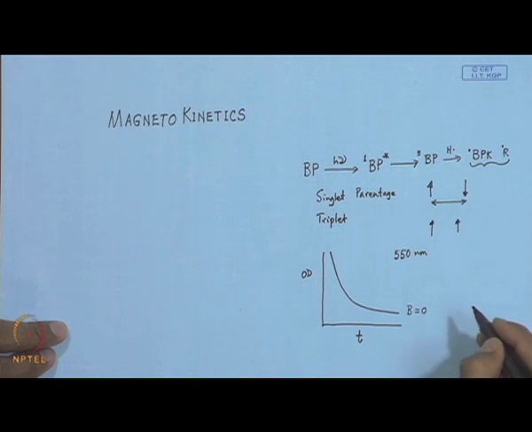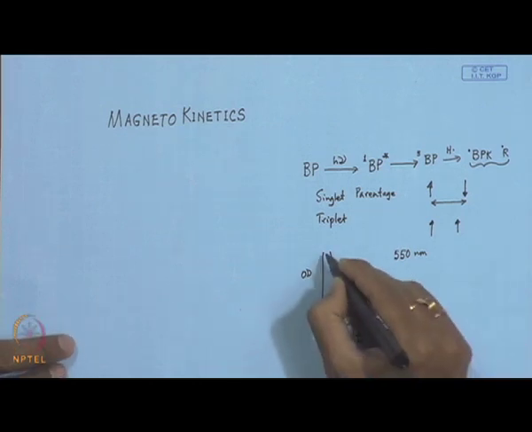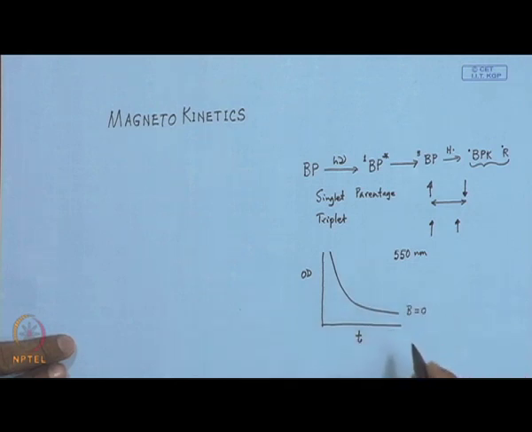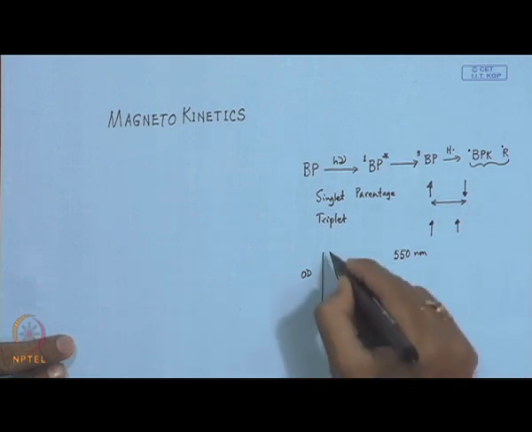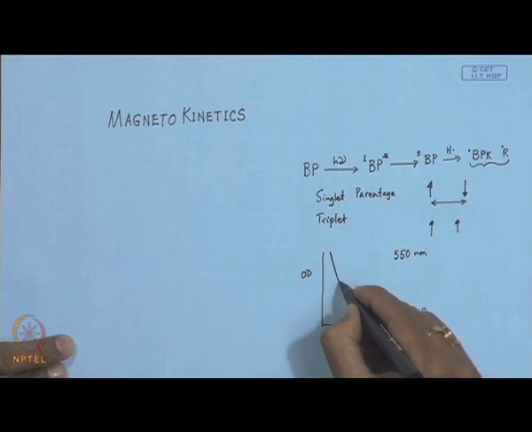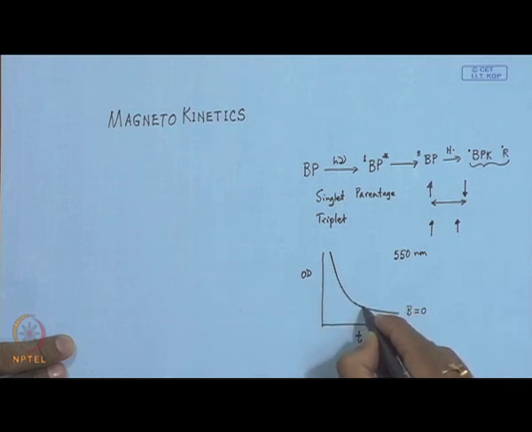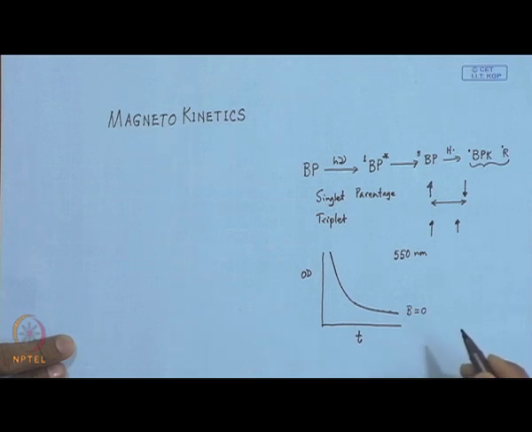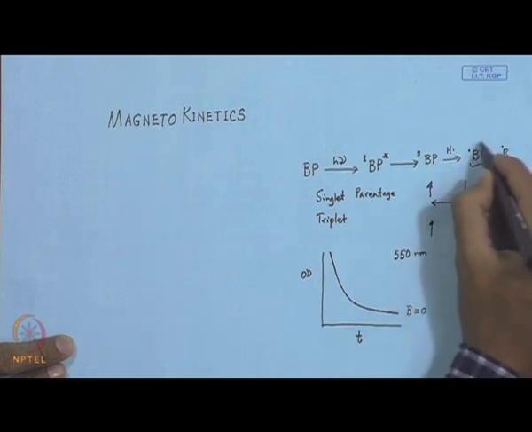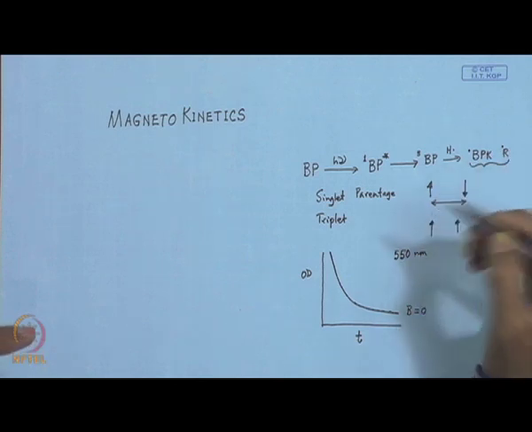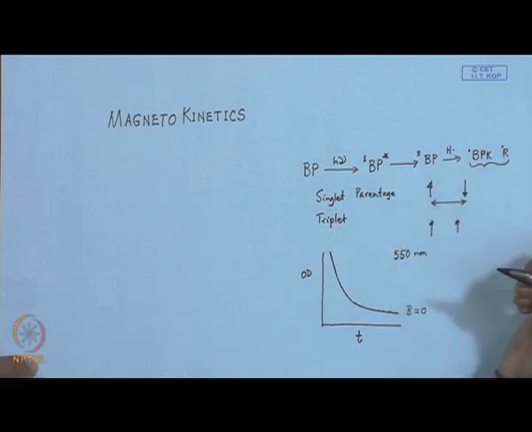Now you increase your magnetic field. If there is no effect of your external magnetic field, then the new decay profile will merge with the old one, if the radical pair formation and their dynamic behavior is not affected.